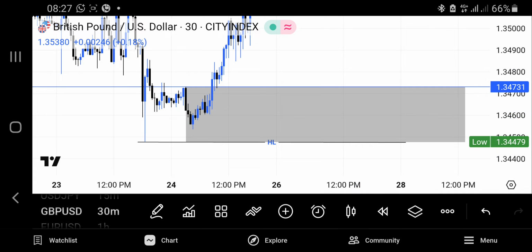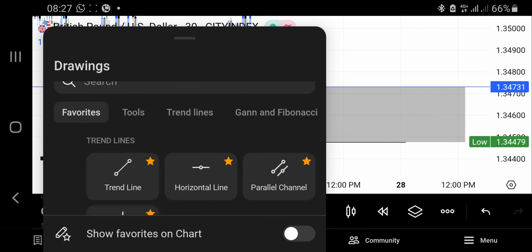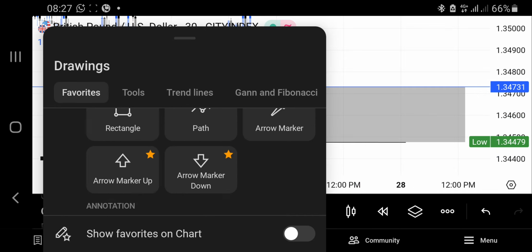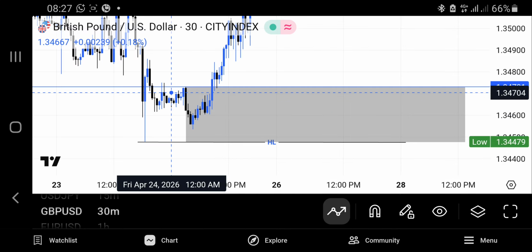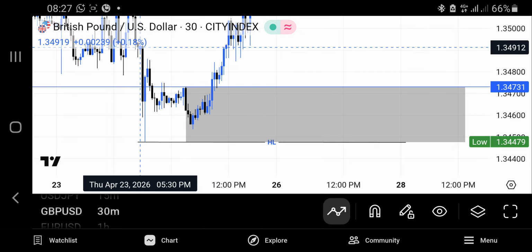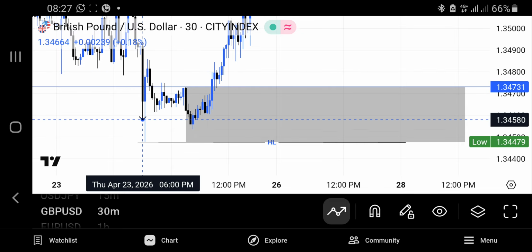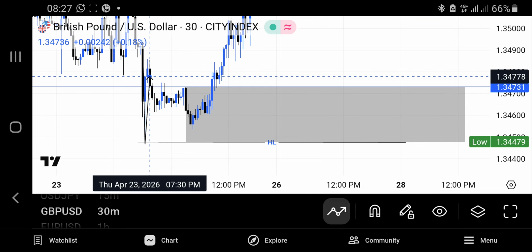We'll call this a demand zone. Price already tested it, to prove that yes it is. From this point, the market was bearish.